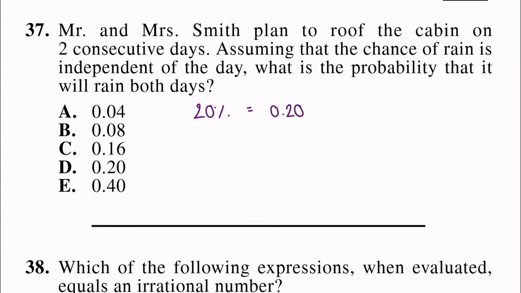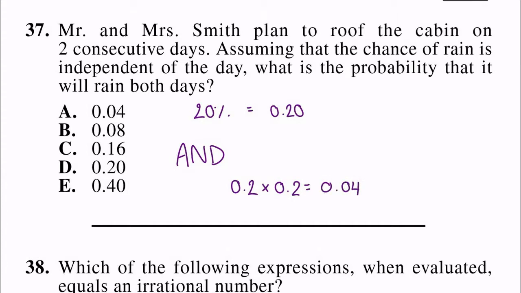So we want to know what's the probability that it rains both the first day and the second day. And if we remember our probability rules, when we want to know the possibility of two events occurring, we have to multiply. So 0.2 times 0.2, and that gives us 0.04.